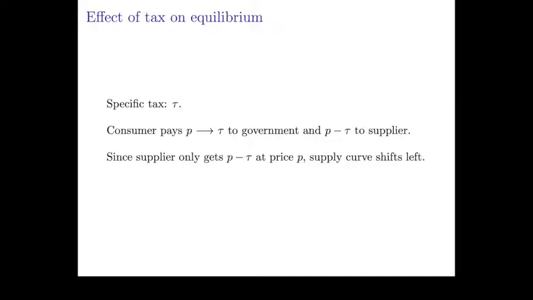The supplier only gets P minus tau when the consumer is actually paying P. So it's as if the price were P minus tau. This is going to cause the supply curve to shift to the left. At the price P, the supplier is going to supply the quantity that they would have supplied at the price P minus tau.